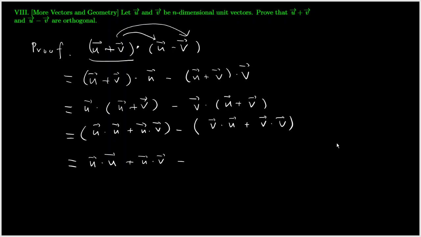I will write that term as u dot v. And then minus. Again, every term is a number. You get rid of the brackets, you have to turn the sign, right? Minus v dot v.